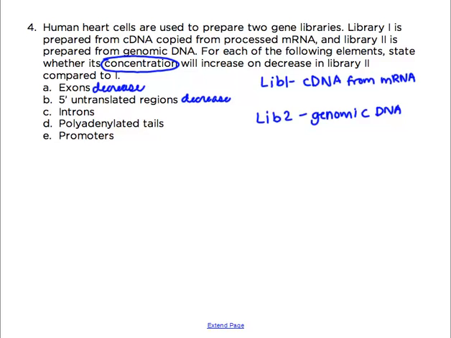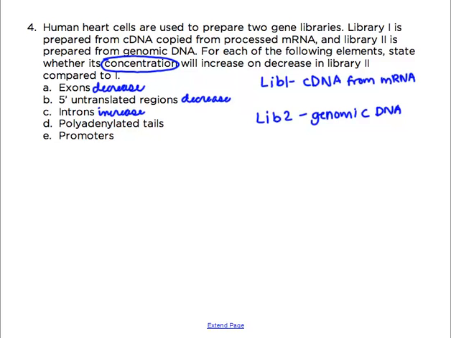Now what about introns? Remember that we're talking about processed mRNA, which have removed introns. So technically there shouldn't be any in mRNA. But the intron sequences are in genomic DNA. So when you're going from library 1 to library 2, the concentration of introns is going to increase.